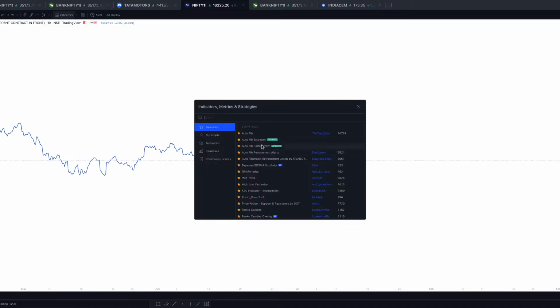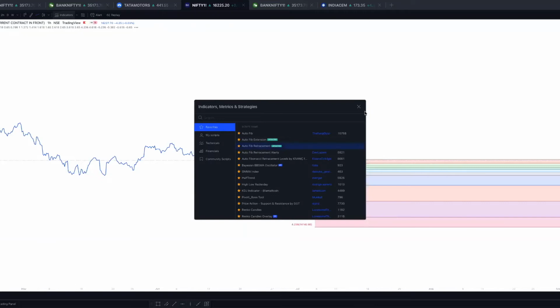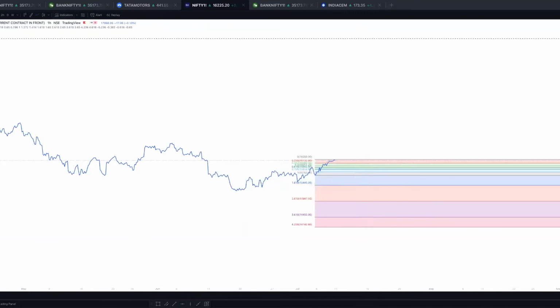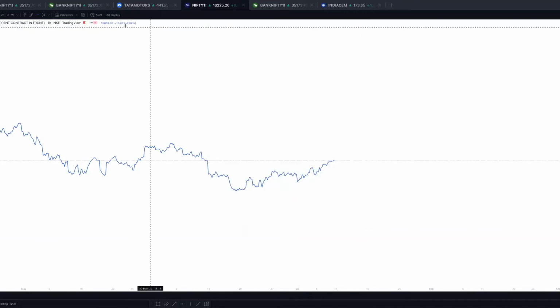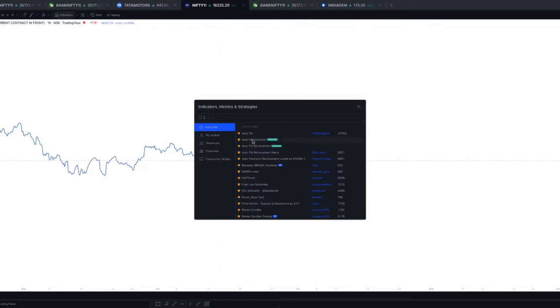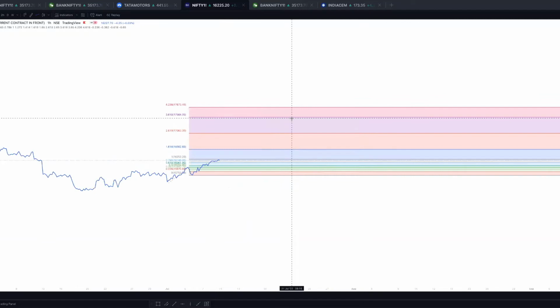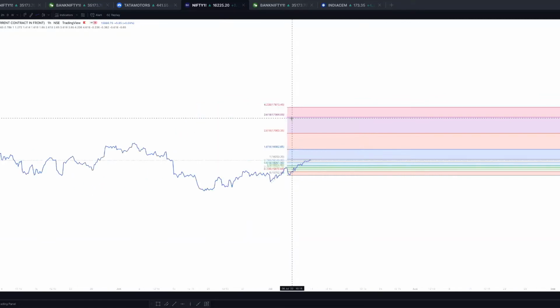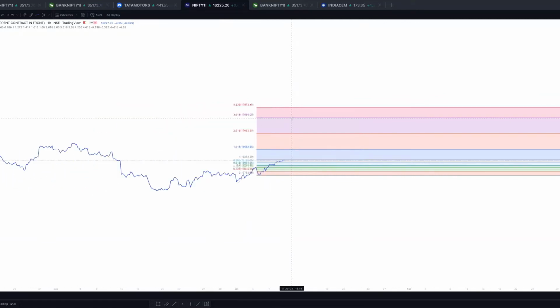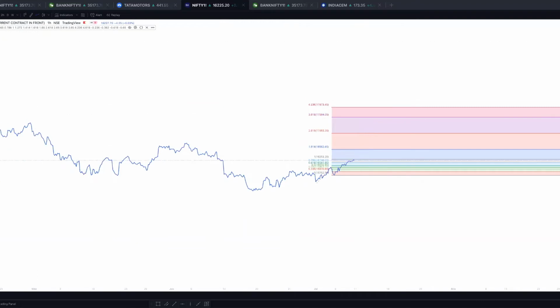This is the second one, autofib retracement. No, we have just covered autofib retracement. Extension, yes. So this is the extension part. Just a second.